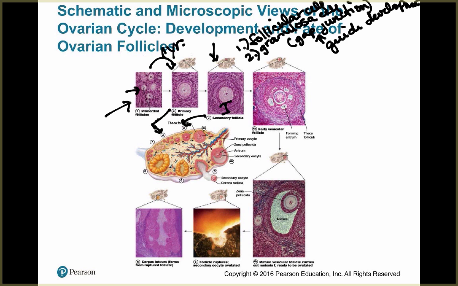And that's what forms this area right here. And this is what's called a theca folliculi. So connective tissue plus granulosa cells condense.